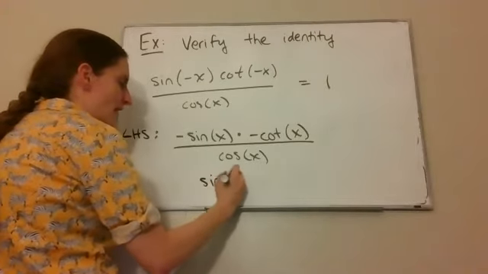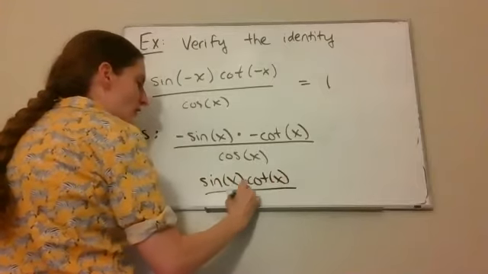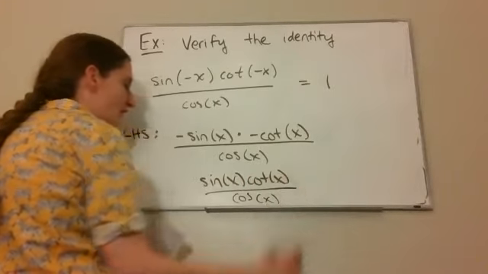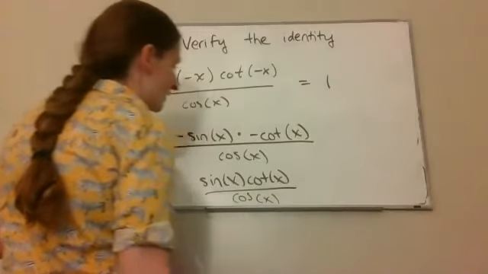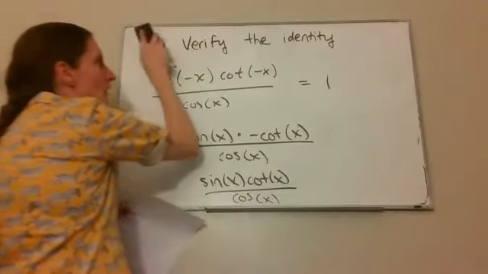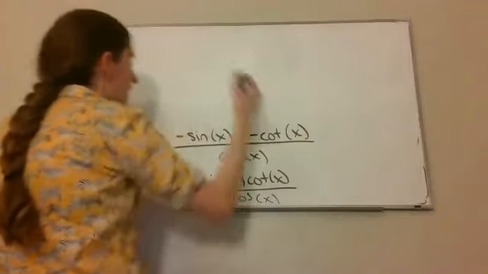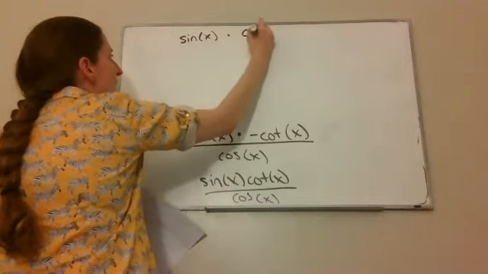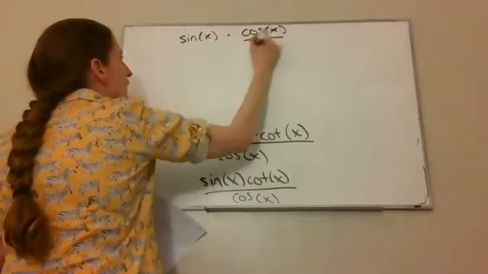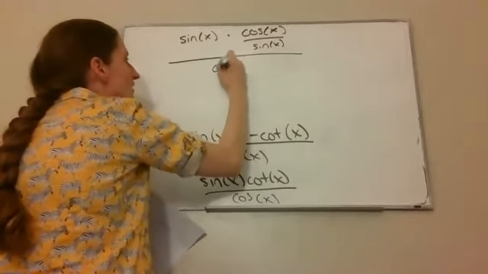So I have sine x cotangent x over cosine of x. And from there, I would rewrite cotangent as cosine over sine. So I have my sine times cosine over sine all over cosine.